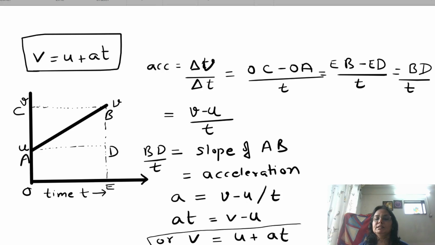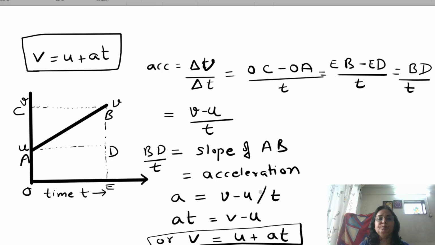This is the first equation of motion. So from the slope of this line AB, we are able to derive acceleration, and from acceleration we are able to derive the formula v is equal to u plus at.